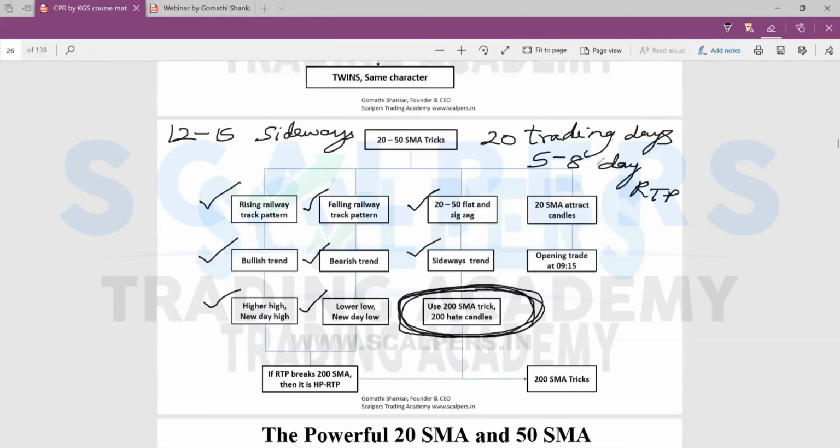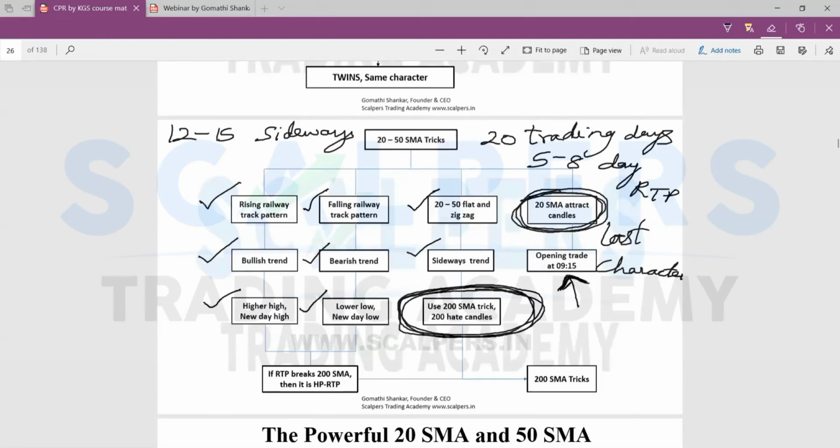Now there is one last character. This is the last character of 20 SMA, a unique character, and it happens at 9:15 itself.